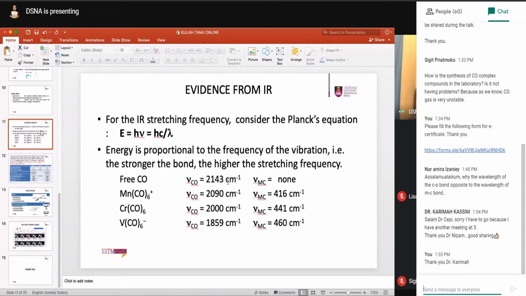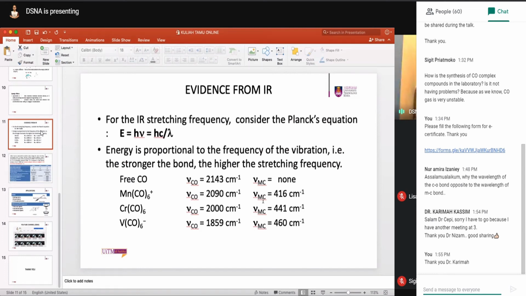So it's not the wavelength, it's the frequency of the CO bond that is totally opposite to the frequency of the metal to carbon bond, because the metal is directly bonded to your carbon and carbon is directly bonded to your oxygen. So when the CO bond is strengthened, the MC bond is weakened.